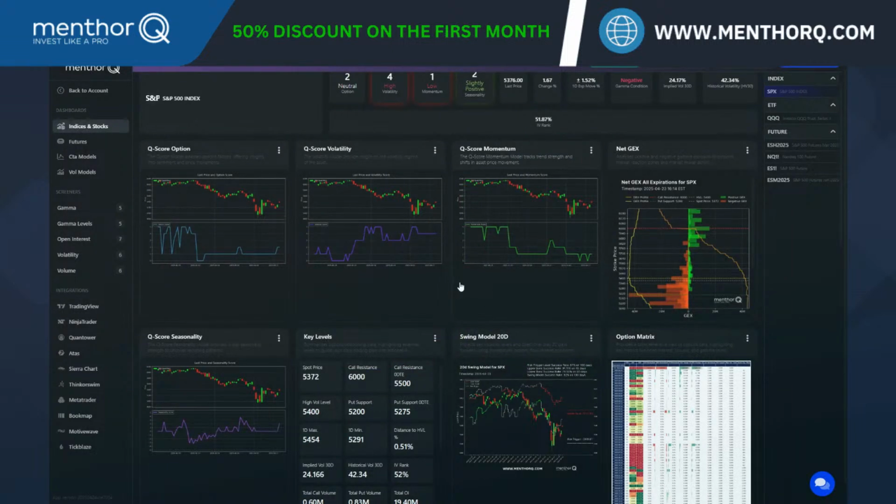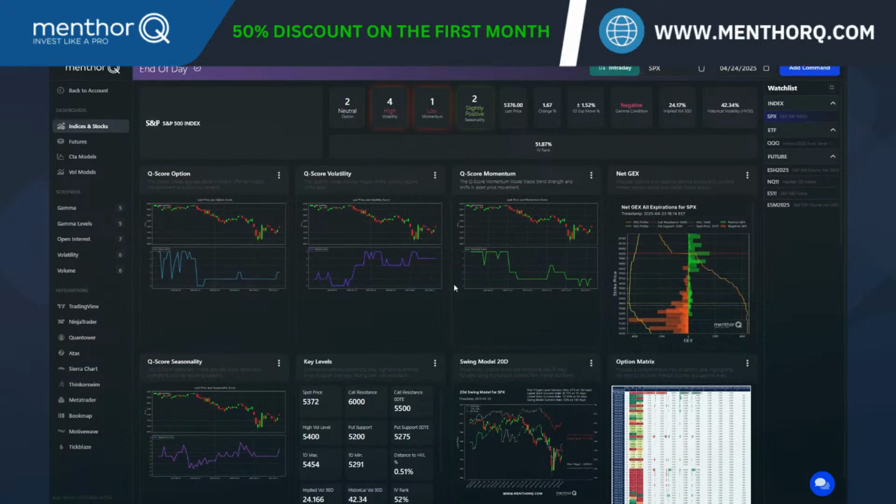Any other things here that are useful too? Some stuff is maybe obvious or not, but this dashboard of key points shows the volatility, the momentum, and seasonality, as well as the gamma condition here being negative, as well as what the expected move is.